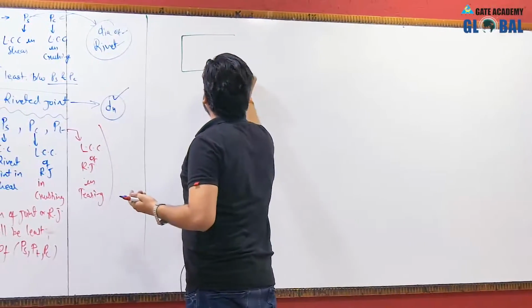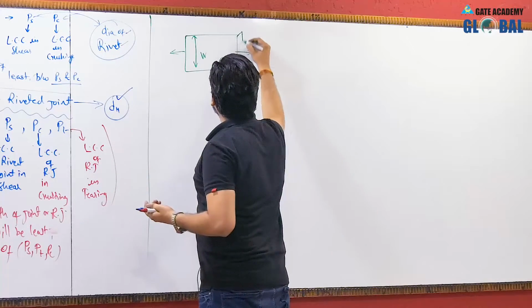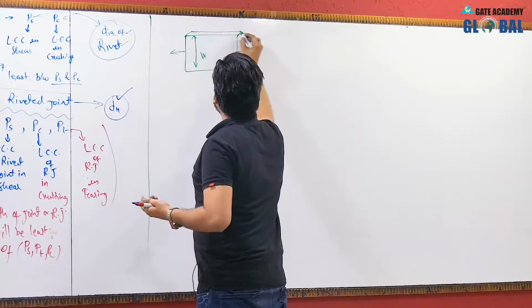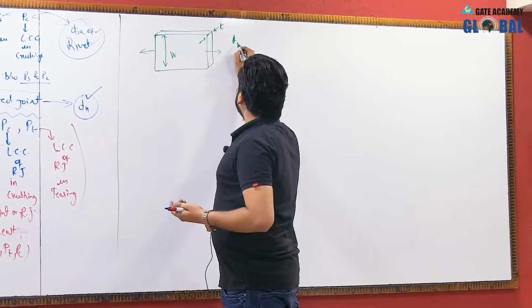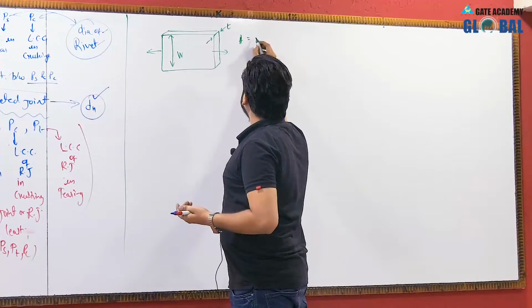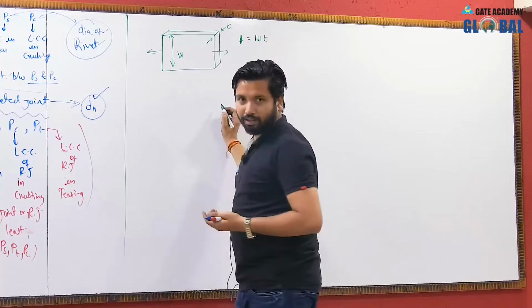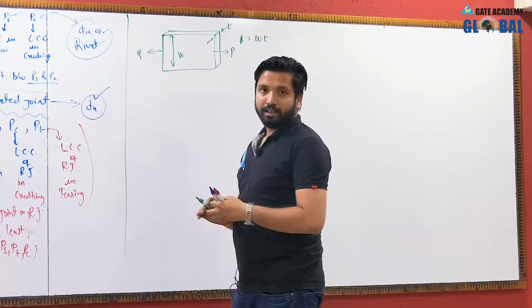So if we have a plate, the width of the plate is W and the thickness of the plate is T, okay. So here the area of cross section, or you can say simple area, will be W into T, okay. So the area is uniform throughout and you are applying a tensile force P.